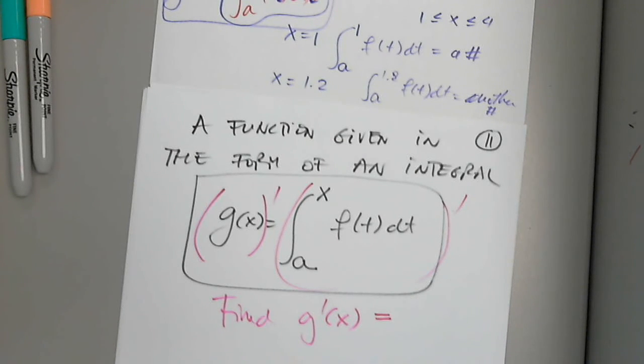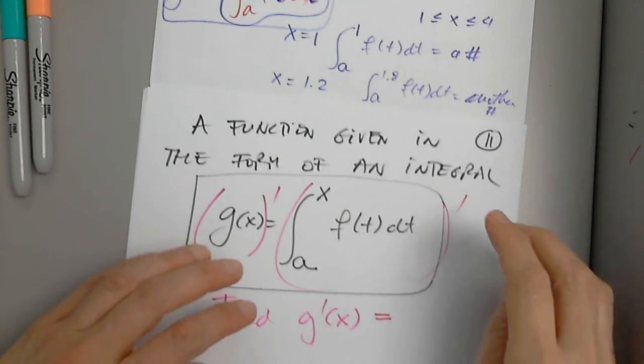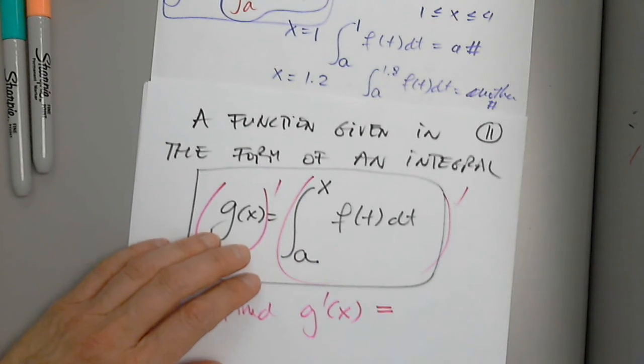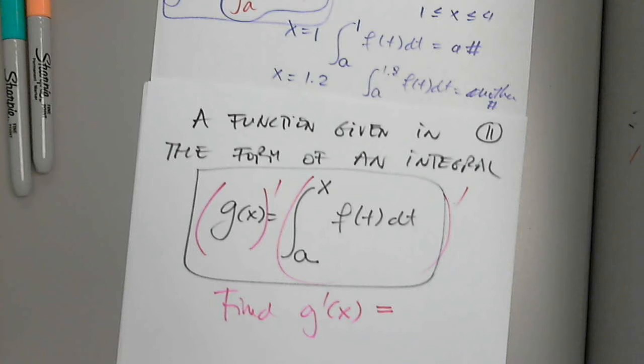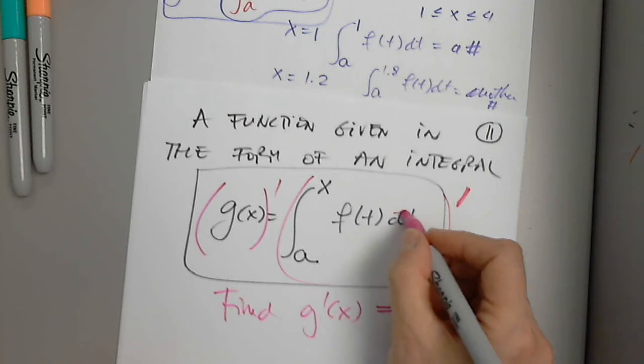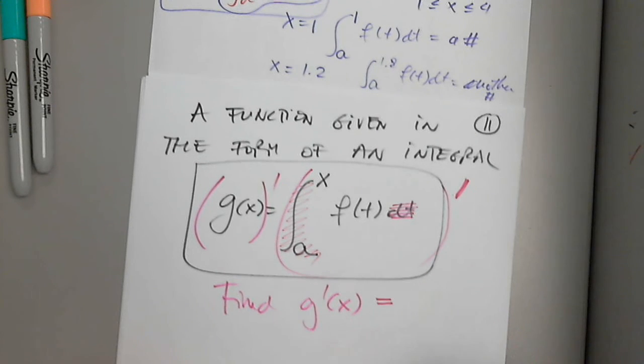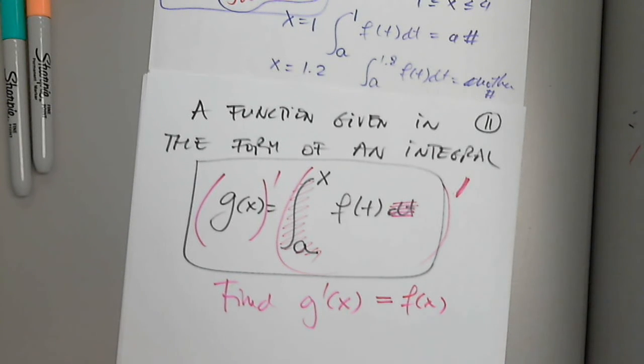But what did we say will happen when we differentiate an integral? A long time ago, which was last Tuesday, we said that when we differentiate an integral, what will happen? When I differentiate an integral, this piece goes away, this piece goes away, and I get the function.